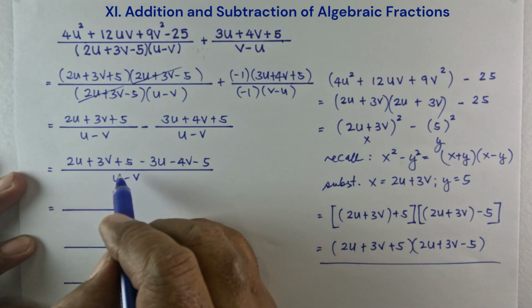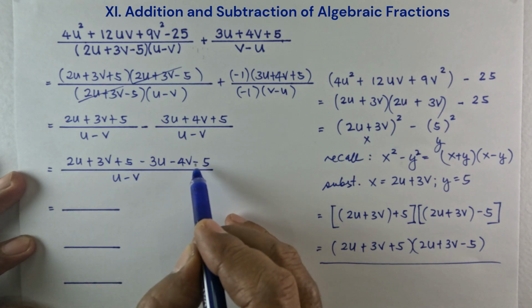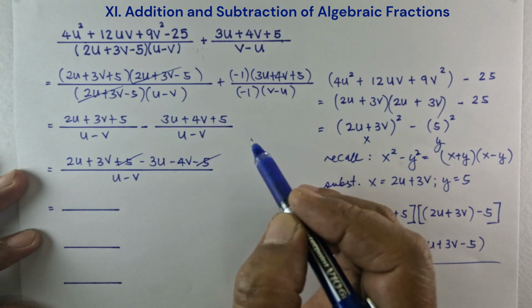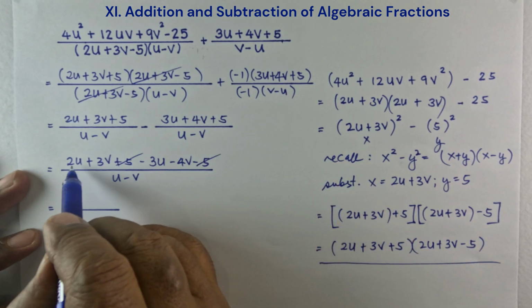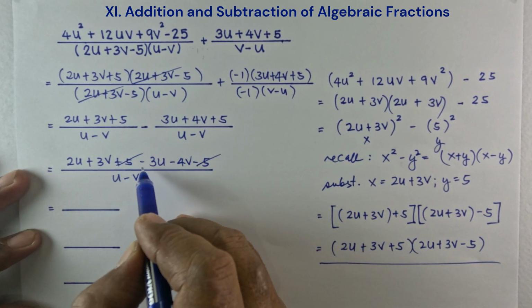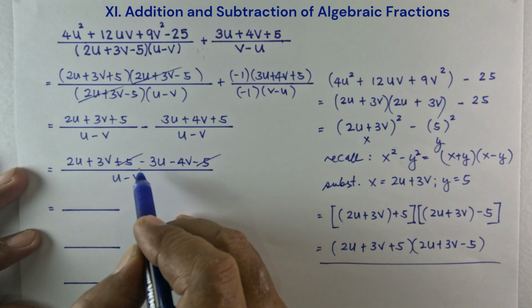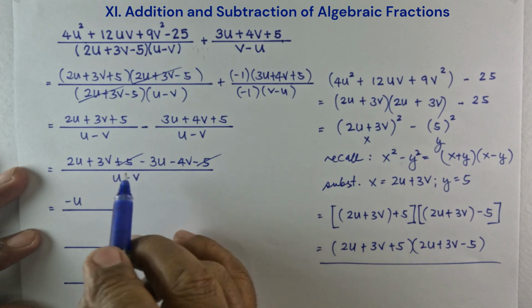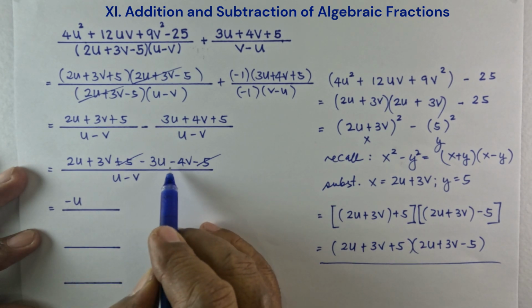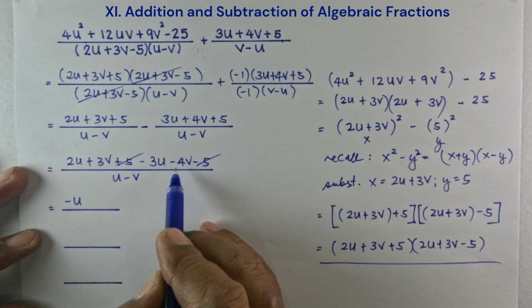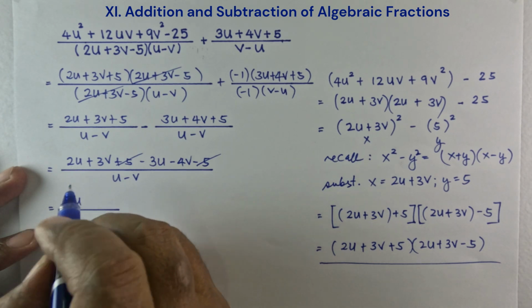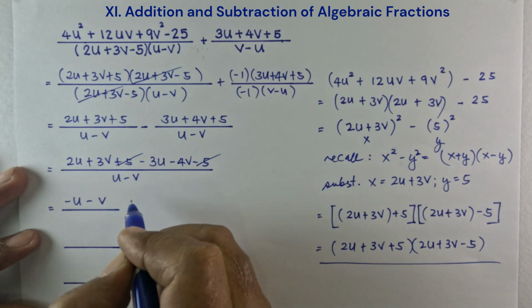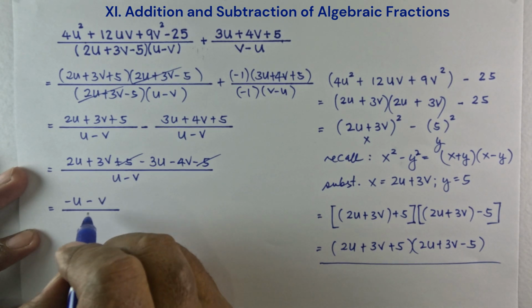So we have here 5 minus 5 is 0, so we can cancel that out. What's left is this, 2u minus 3u is minus u. 3v minus 4v is minus v. Over u minus v.